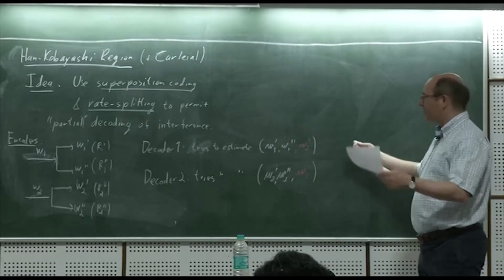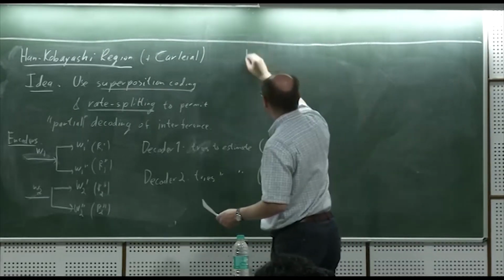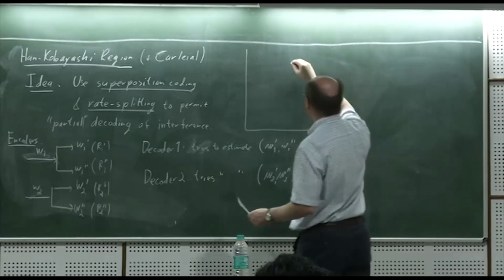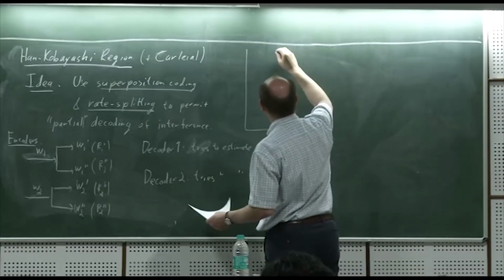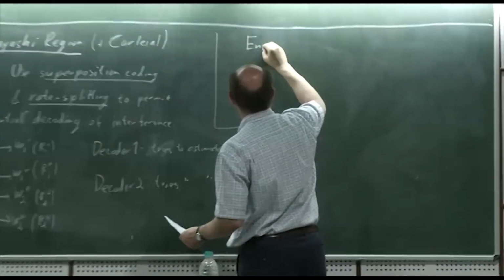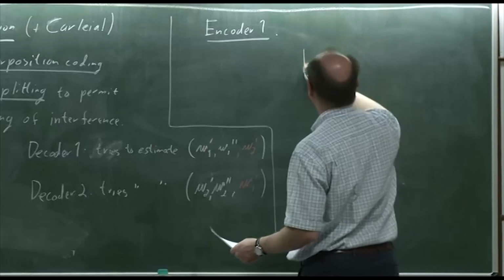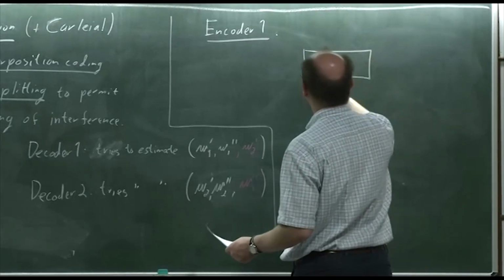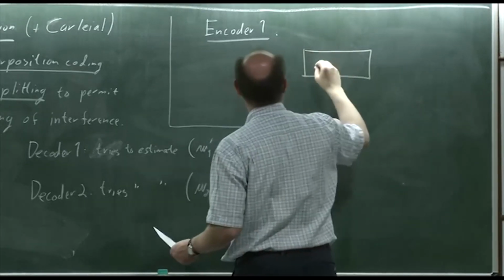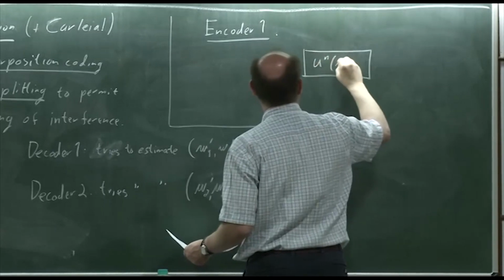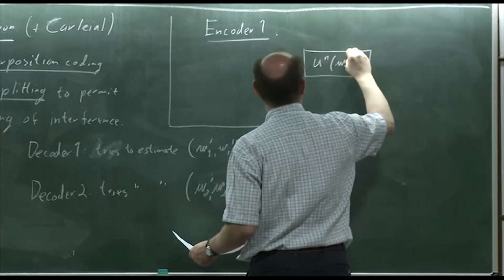Okay, so coding, maybe I can quickly write that out. The coding goes like this, at encoder 1, this is our codebook. We choose 2 to the NR1 primed codewords, indexed by W1 primed.